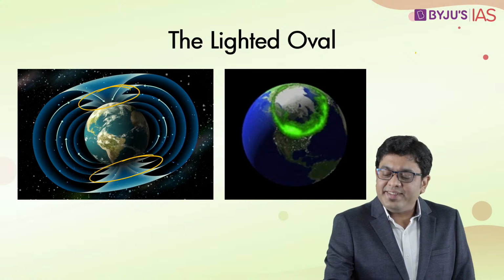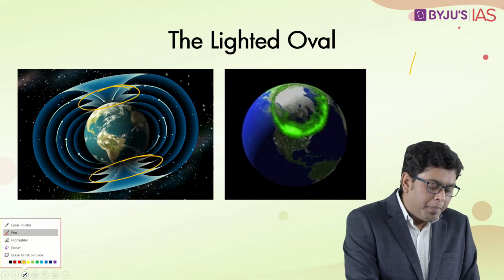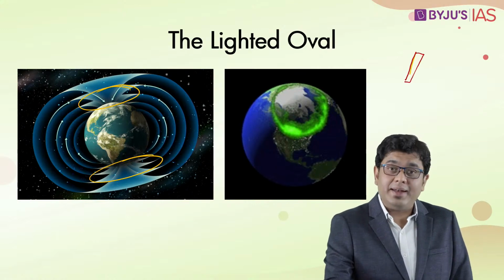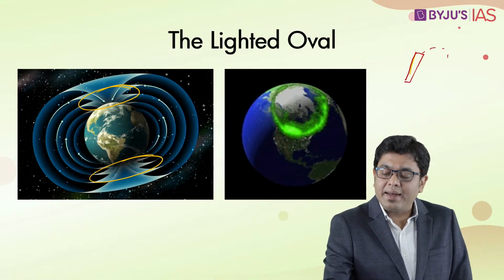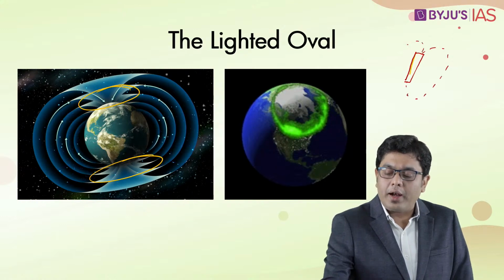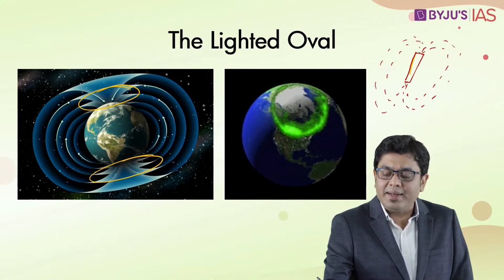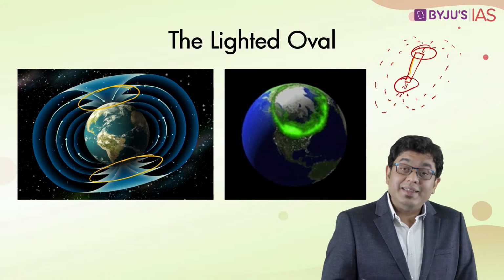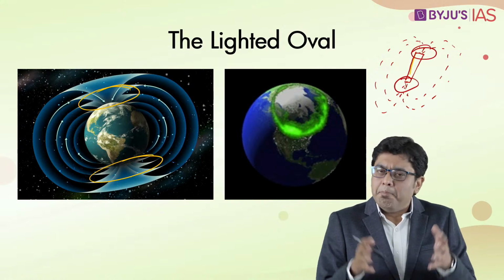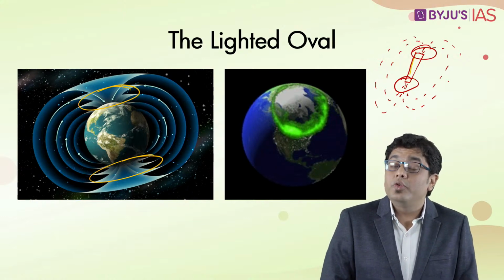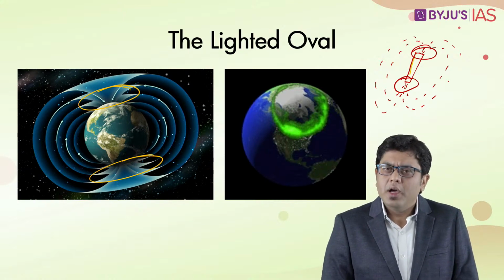Just like in the case of any bar magnet, which has a north and a south pole, the magnetic field lines act all around it, but the maximum density of the field lines is towards the two poles of the magnet. Similarly, in the case of Earth as well, the maximum density of all the magnetic field lines is around the polar region, or around the magnetic poles of the Earth.